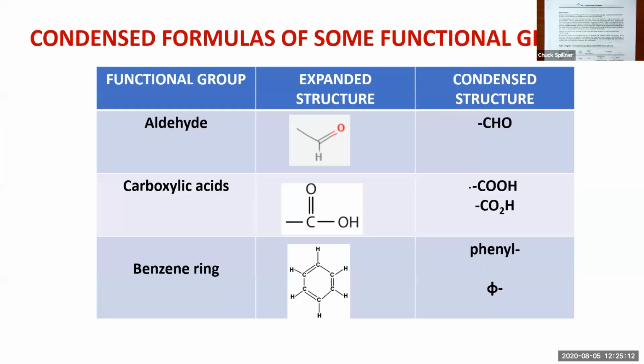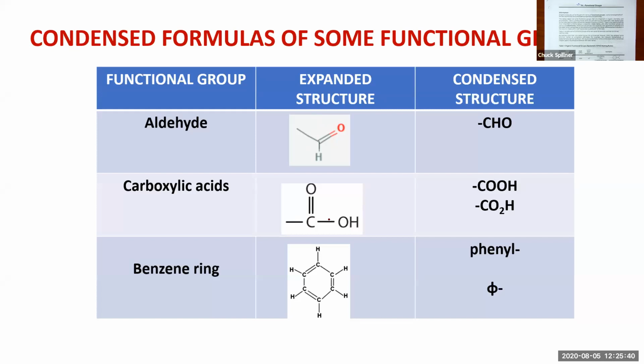So lastly, I wanted to show you how some of these functional groups are condensed. So there are other kinds of representations, maybe a condensed structure. So in the case of an aldehyde, you can write it as a CHO. So if you ever see a condensed structure written, and you see CHO at the end, that means it's an aldehyde functional group.